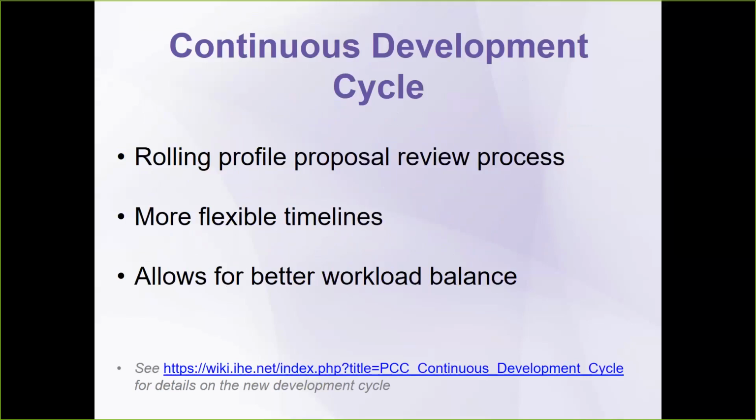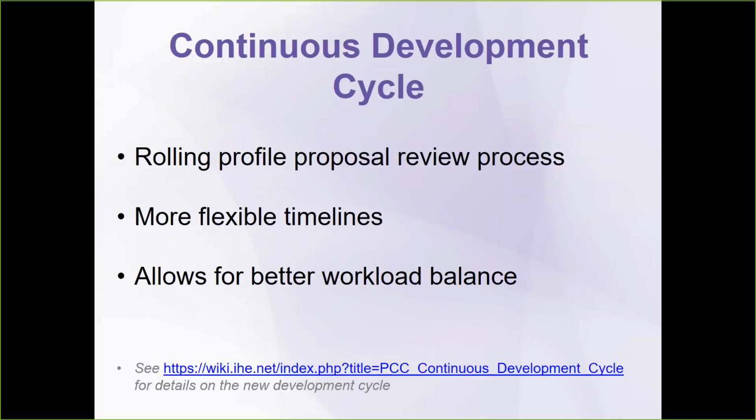This doesn't necessarily change anything about the actual development process. We still go through everything from profile proposal review to acceptance, volume 1, volume 2 approval, public comment, and then eventually publication. So none of that is different, but we are able to do that at different times throughout the year.